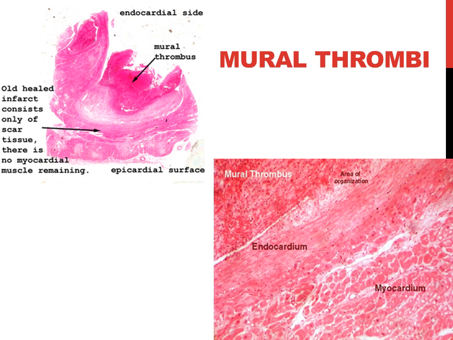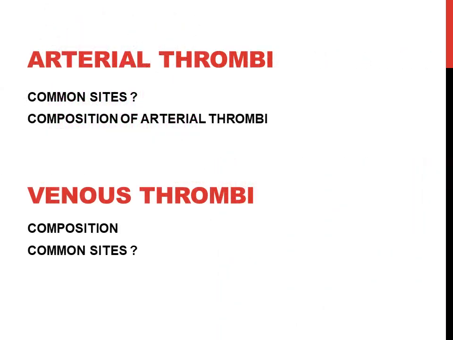It is arising from the endocardium, and the picture below is a more elaborated view showing three different parts, consisting of mural thrombus that is directly attached to the endocardium, and beneath the endocardium you can see the myocardium. So mural thrombus is another important thing that needs to be elaborated.